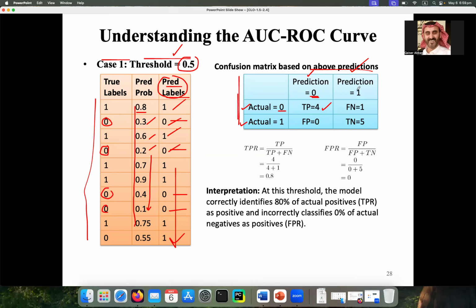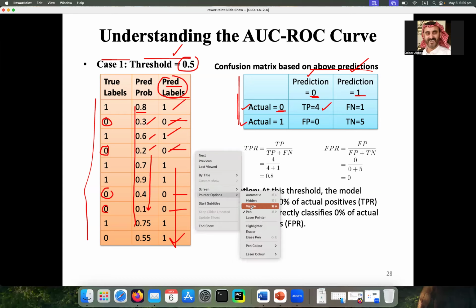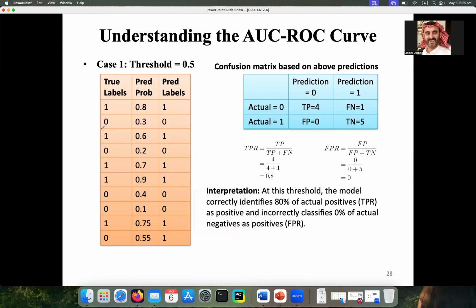And now here, your actual class was 0, but the model predicted 1. Actual class 0, model predicted 1: not this, not this, not this, not this, but this one. Only one count.